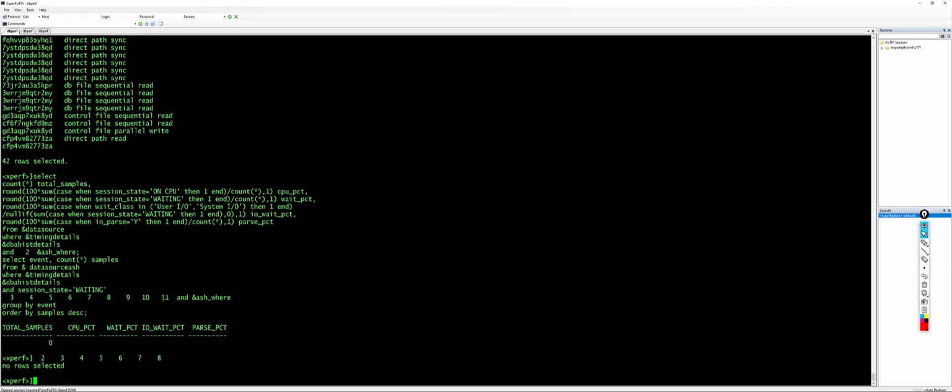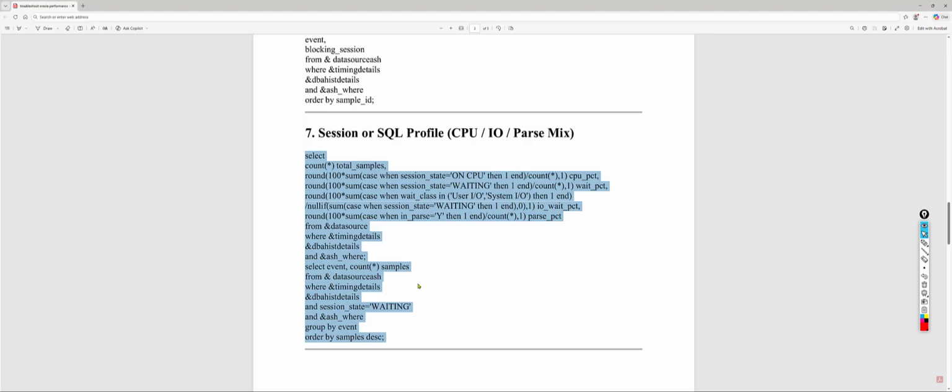This query gives us information about the total samples, CPU percentage, wait percentage, IO wait percentage, parse percentage. It does not substitute properly, so we need to make sure we execute the query in a proper way.